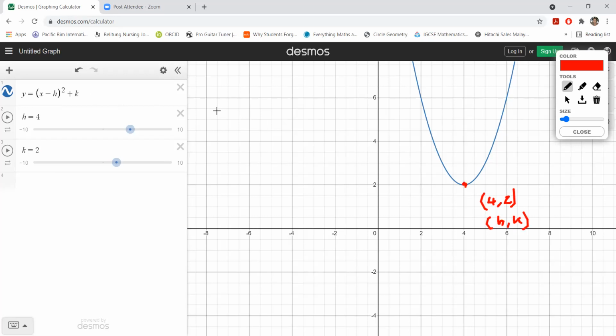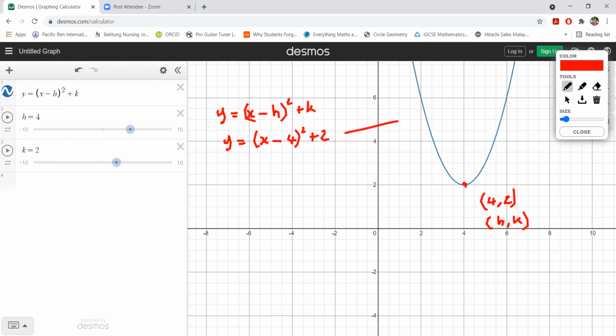So let's write our general form. Y equals x minus h squared plus k. Now, h is 4 and k is 2. So y equals x minus 4 squared plus 2.